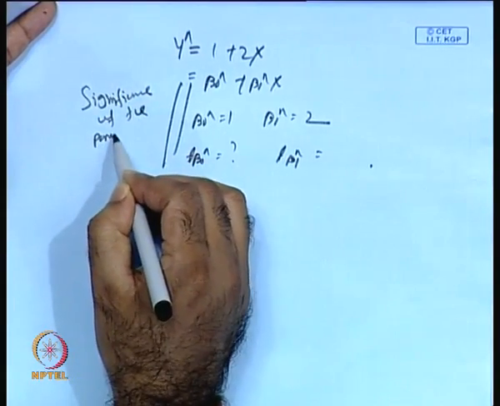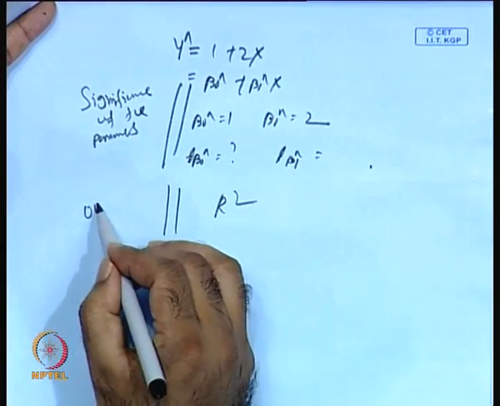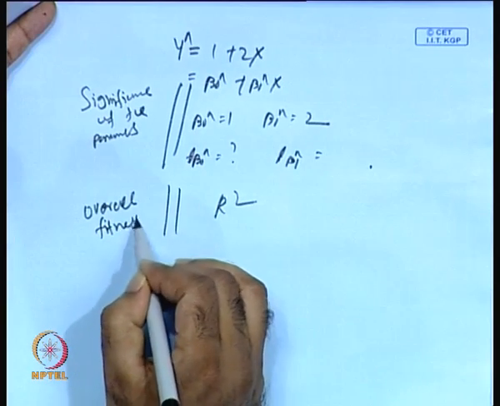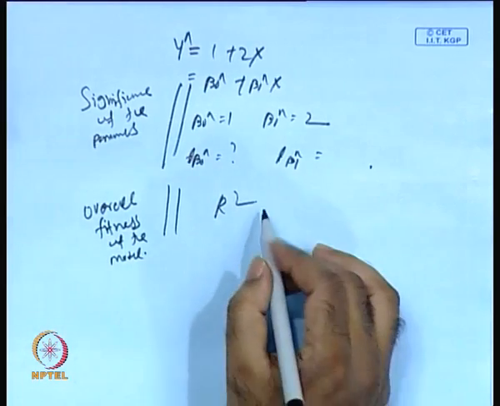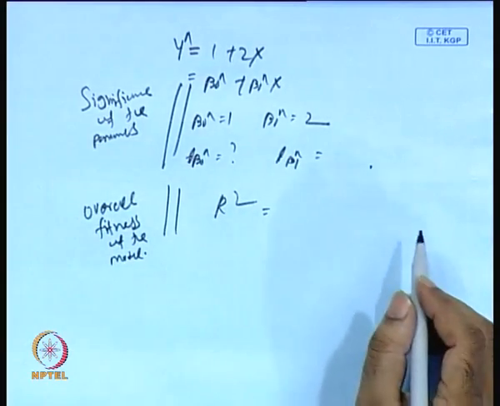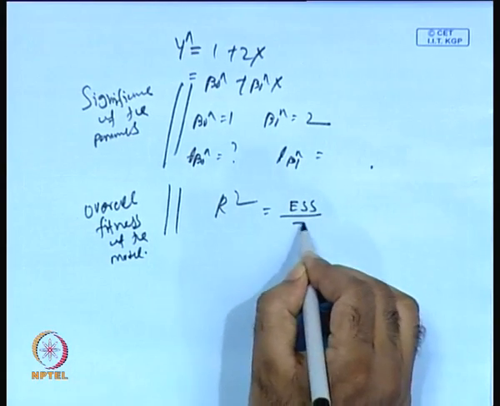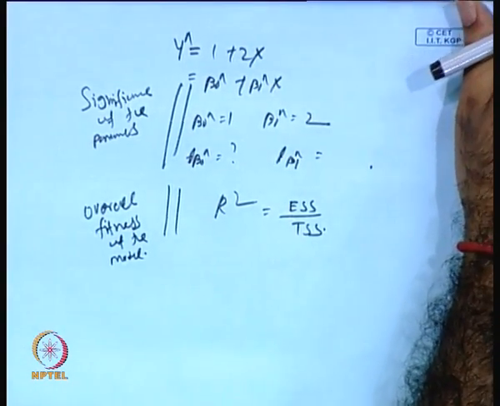All right. The second part of the model is the R-square, that is the overall fitness of the model. So what is R-square? R-square is the ratio between ESS and TSS. What is ESS here? ESS is how much we have calculated.